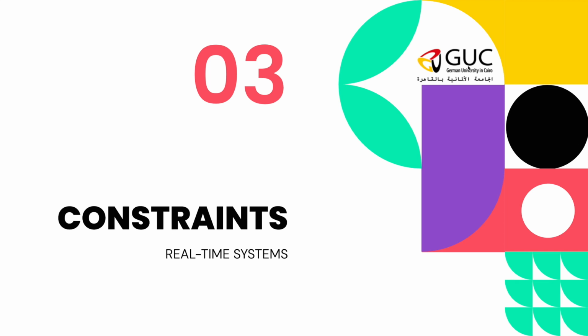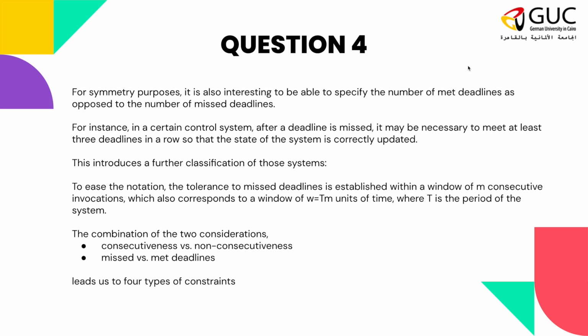And here comes a question regarding the constraint of weakly hard real-time systems. Okay, so this is some description. It states that for symmetry purposes, it is also interesting to be able to specify the number of met deadlines as opposed to the number of missed deadlines. So in the previous question, we were tackling whether we are missing deadlines consecutively or non-consecutively.